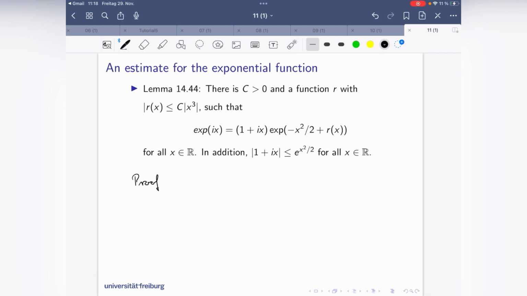The other thing we can quickly compute, e to the power ix minus (1 plus ix) times e to the minus x squared over 2. Let me see what the error is. And the error is here, well, it's a factor of e to the rx it should be.